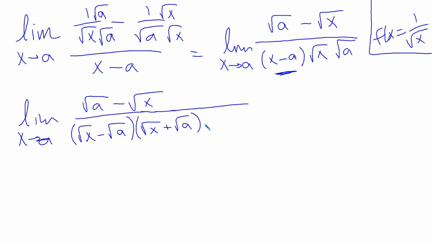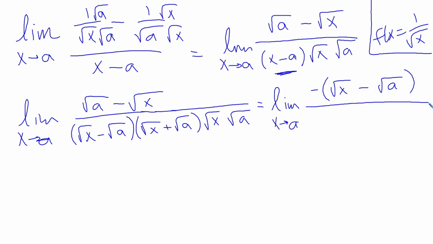And we still have down there in that denominator root x and root a. Now we don't, at first glance, again, have anything that cancels, but if we factor a -1 out of the numerator, we should see that we now have root x minus root a in the numerator, which will cancel with the root x minus root a in the denominator.